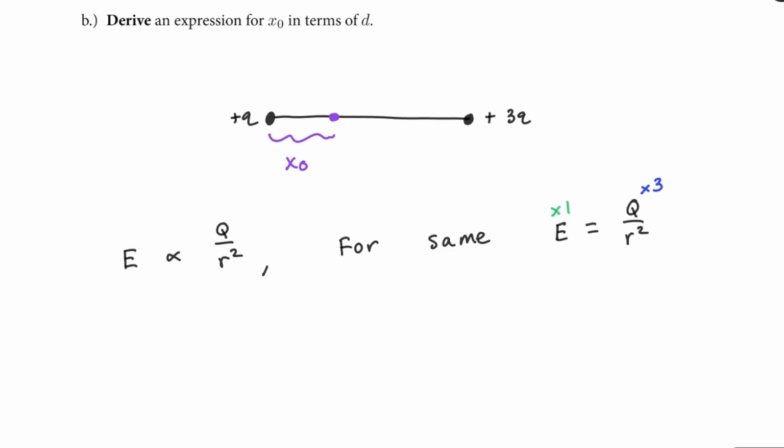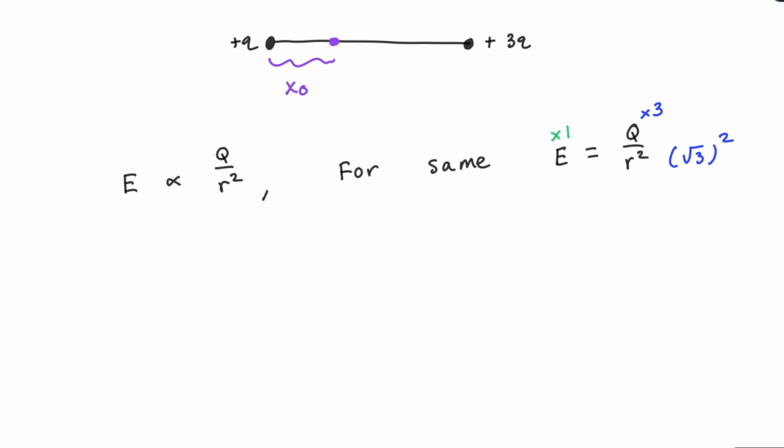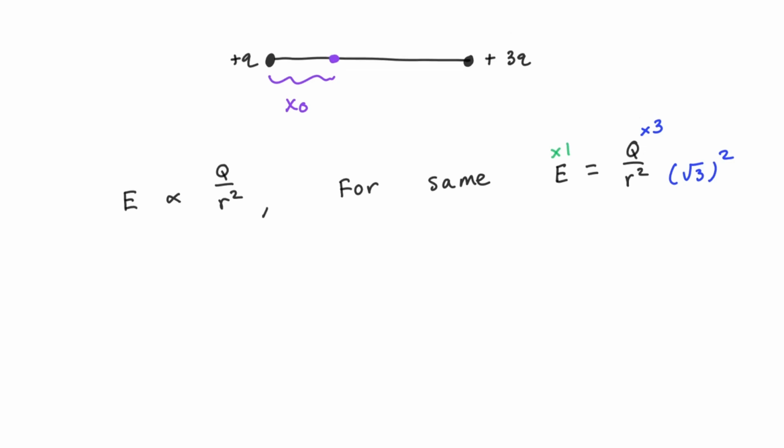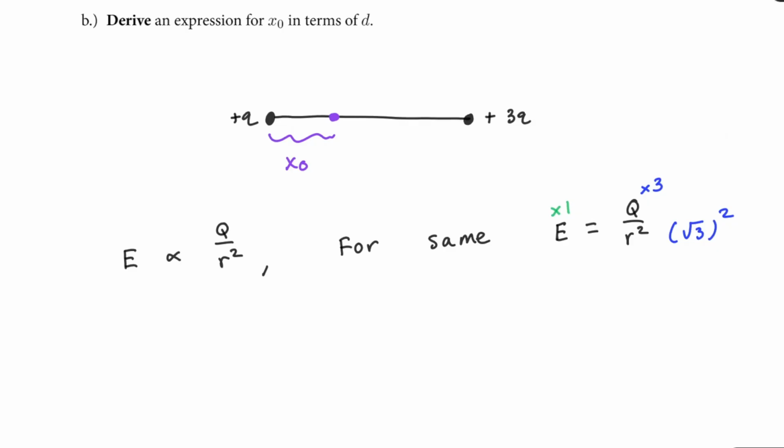So I must be root 3 times further away so that when I square that distance, it works out to 3 on the denominator, so the 3 and the 3 work out. So that tells us that this distance isn't just arbitrary, it's exactly root 3 times farther away than my x0 point.